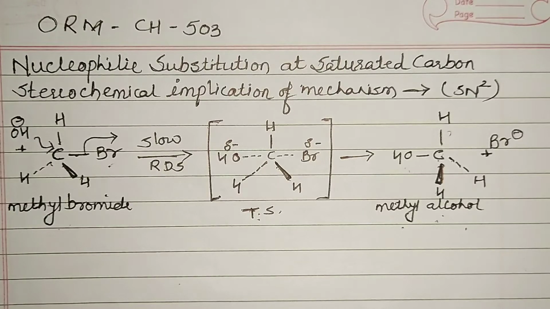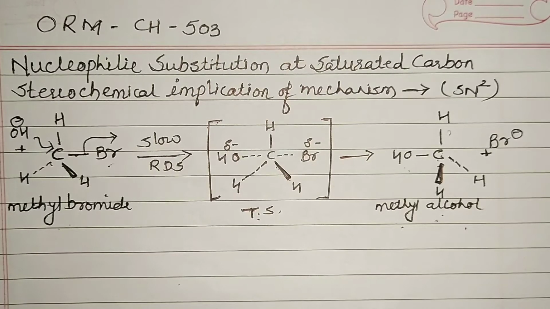Hello everyone. In our previous lecture, we learned the kinetics, mechanism and energy profile diagram of the SN2 reaction. In this lecture, we will try to understand the stereochemical implication of the SN2 mechanism.